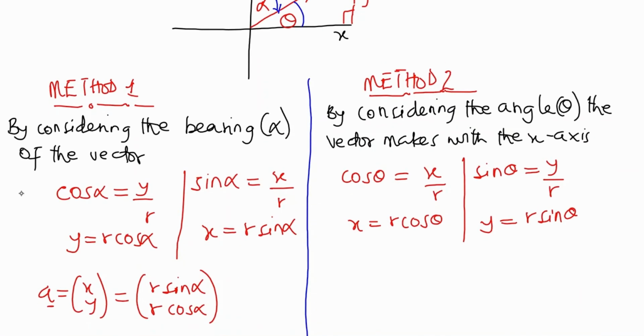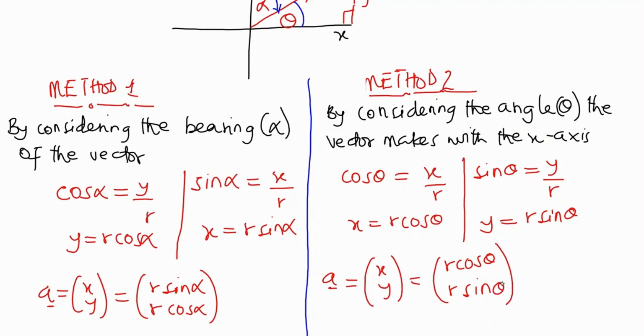So in changing the given vector A to component form, we are saying that (x, y) is equal to, now we know our x to be r cos theta. We also know our y to be r sine theta. So this is method 2 of changing a given vector from magnitude bearing form to component form.